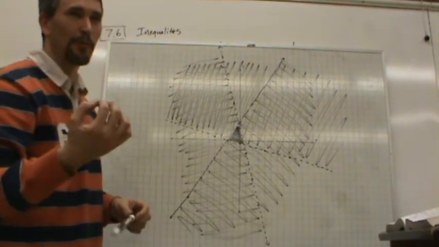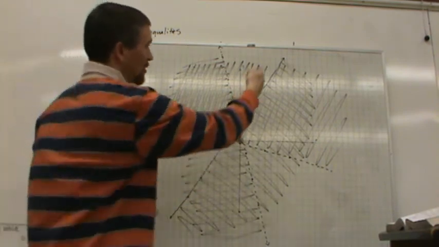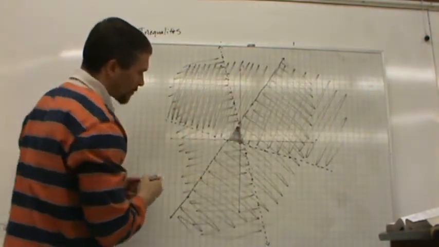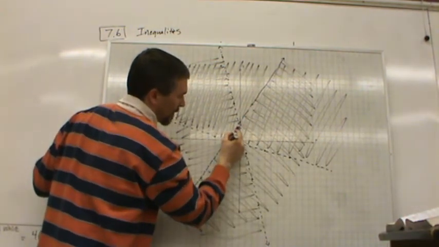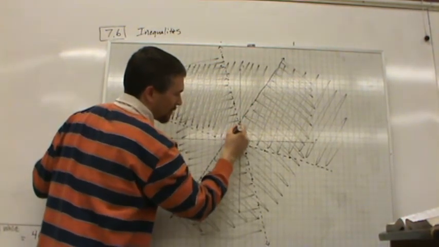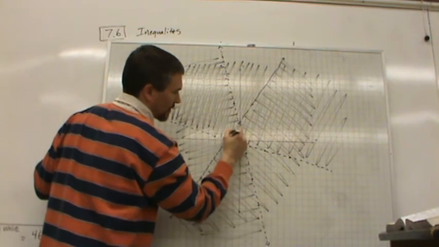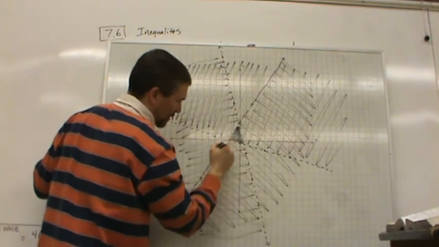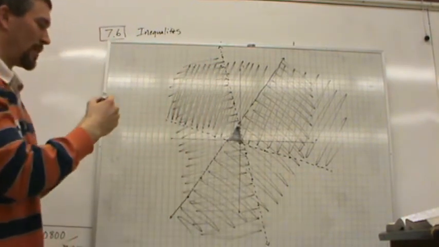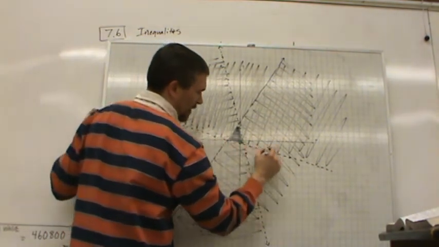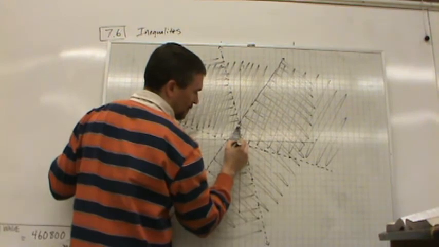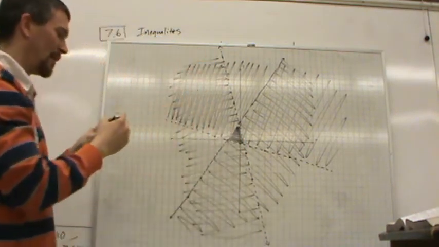To add food to that thought, this is a solid line, so we could actually pick points that are right on this line, even though they're on the very border, the very edge of that triangular region. Any point that's actually on this line would still satisfy all three. If we picked one that was on this one, though, because this one's dotted, it would be considered out of bounds. It wouldn't satisfy.